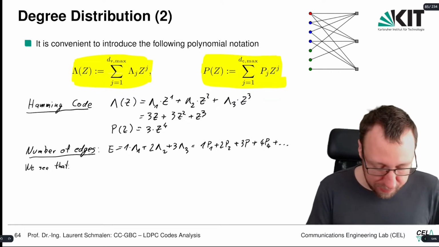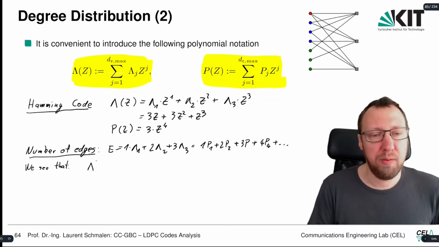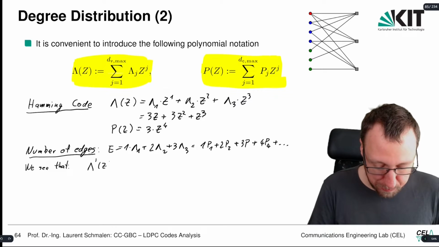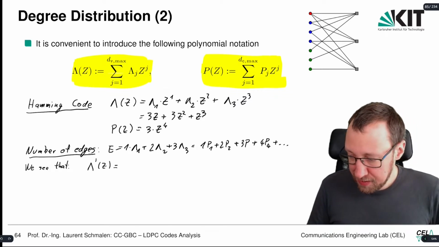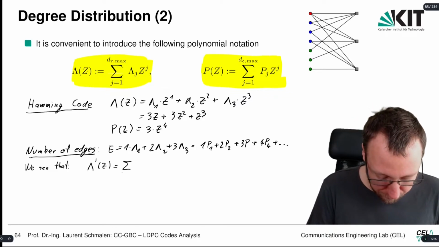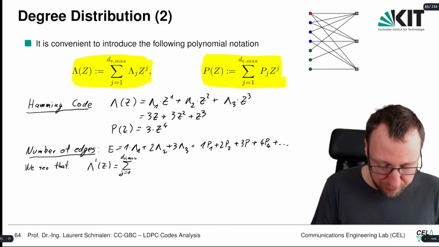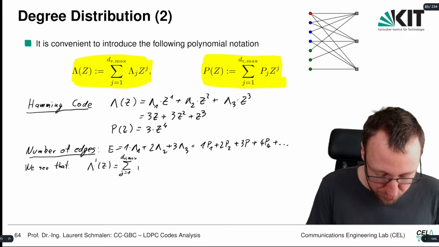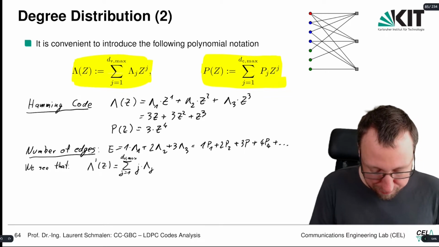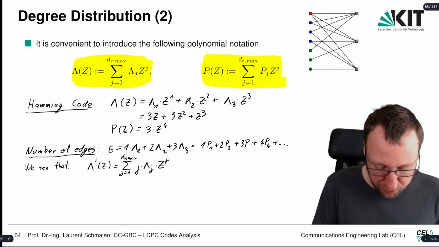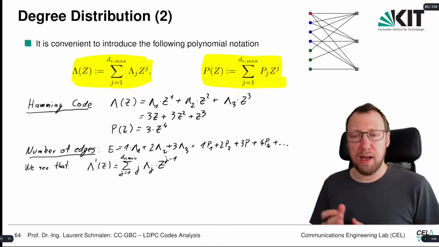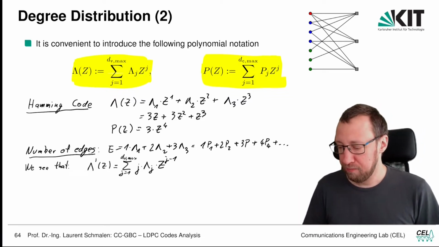If we look at the derivative of the polynomial, so lambda prime of Z, that is the sum from J going from 1 to dv max, the maximum variable node degree, of J times capital lambda J times Z to the power J minus 1. Standard derivative of a polynomial.